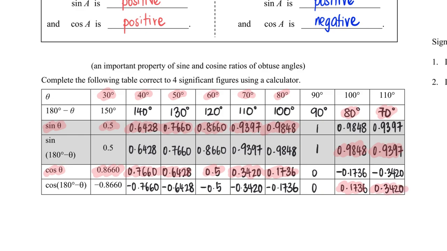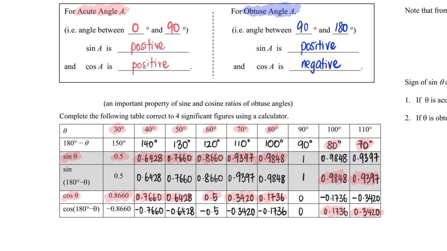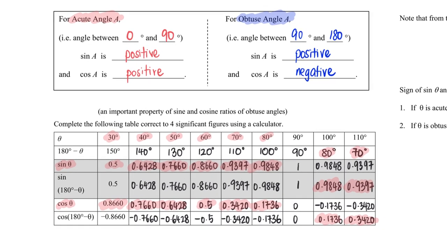Then when I turn our attention to obtuse angle though, which is the angle here, then you see that the sine ratio all is still positive. It is still positive, the sine ratio.